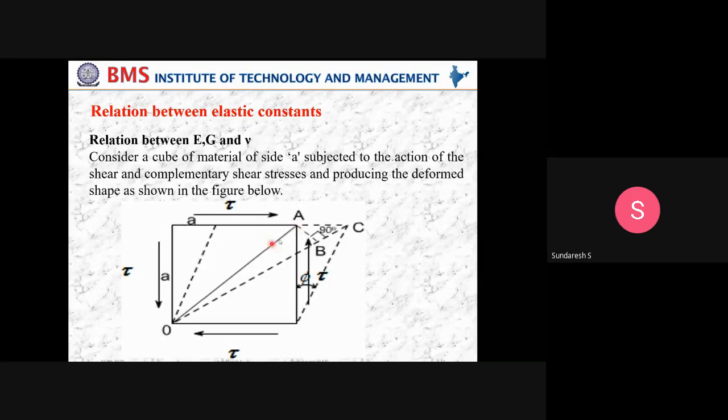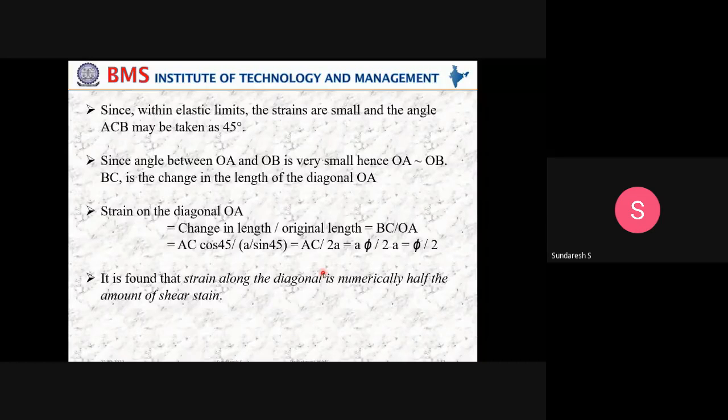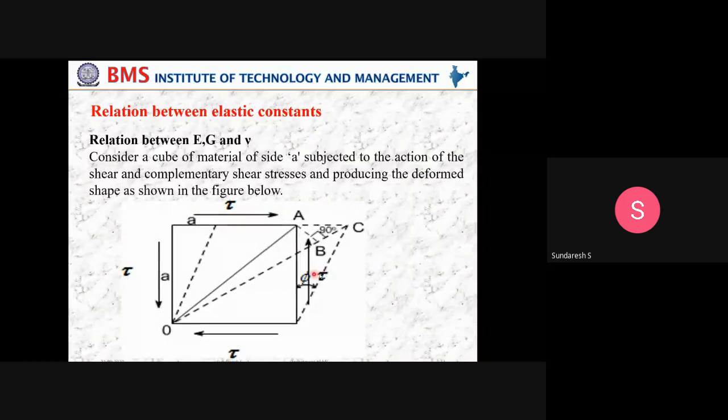This is OA. So how can we write OA? We want OA, this one. This can be expressed in terms of, see, this is 90 degrees, and this will be 45 degrees. So OA, I want, is the hypotenuse.